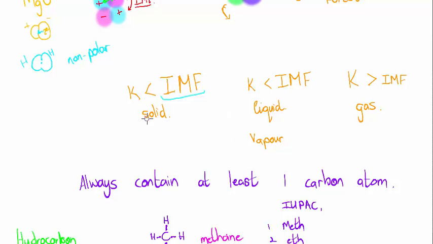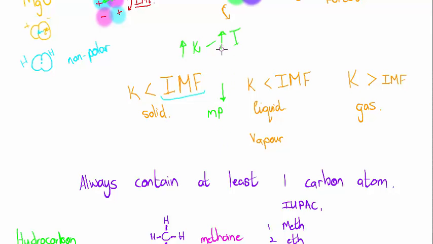Now, if it's a solid, it's still stuck to the other ones. So if I increase the energy, increasing kinetic energy means I'm increasing temperature. At some point it becomes fluid, because I'm giving it enough kinetic energy, but it's still a little bit stuck to the others. This is called the melting point.